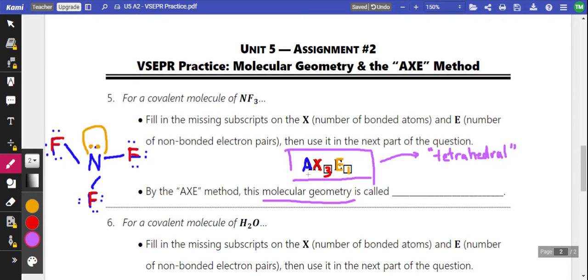So if I go look at the AX3E1 code and I look at the molecular shape, I'm going to put shape here because they mean the same thing. AX3E1 has a molecular shape of trigonal, as in 3, like a triangle, trigonal pyramid.